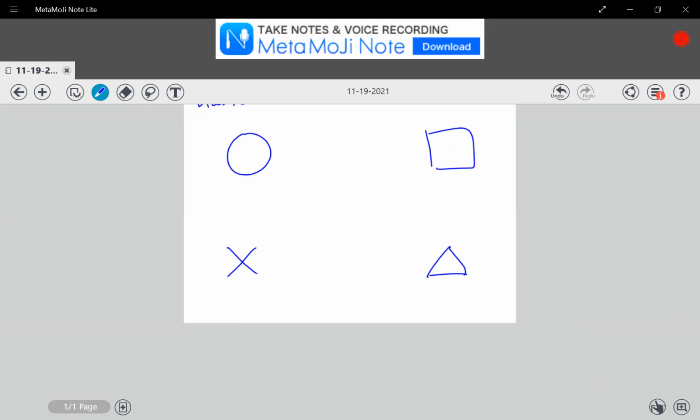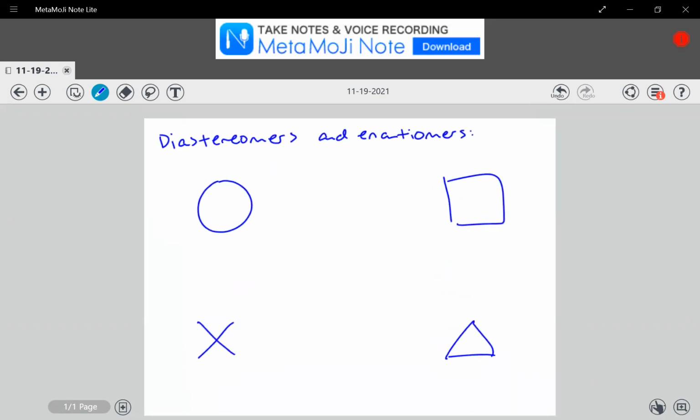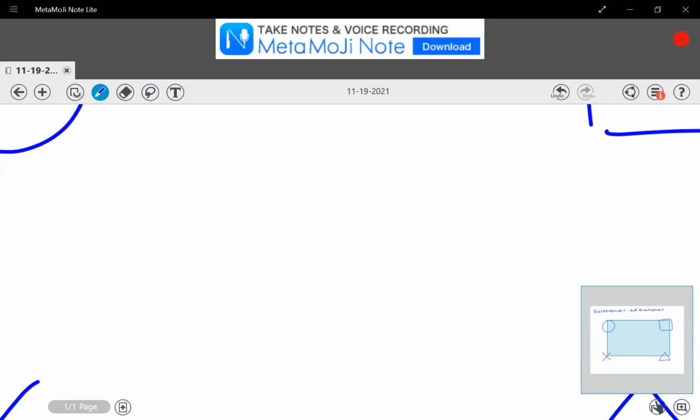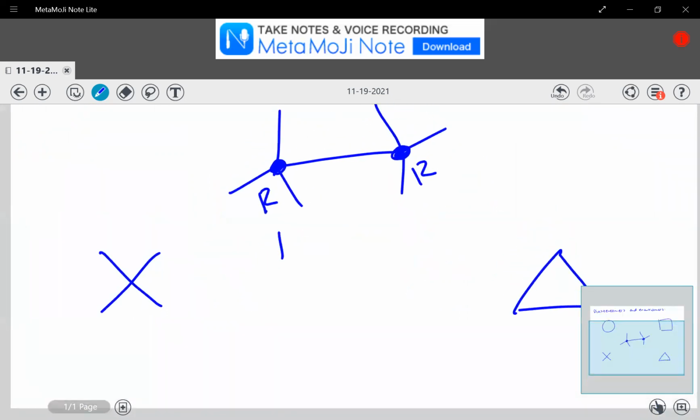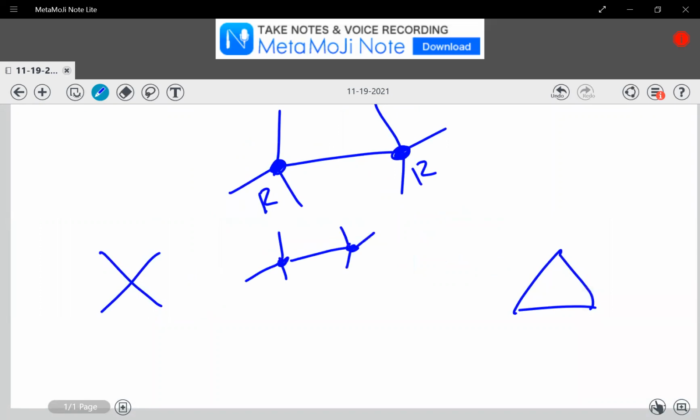Usually this relationship between diastereomers and enantiomers only works if you have two or more chiral centers. What I mean is the stuff we were seeing earlier, where we've got two chiral centers right here. When you have two chiral centers, you can name them as R and R, or maybe S and S, or a combination, R and S, or S and R, and so on.